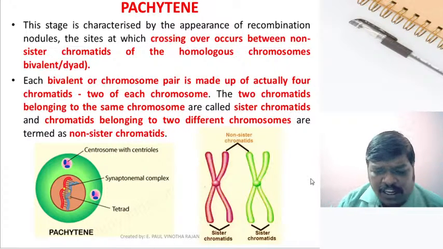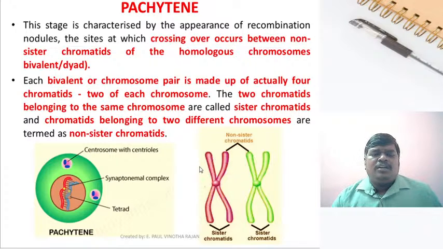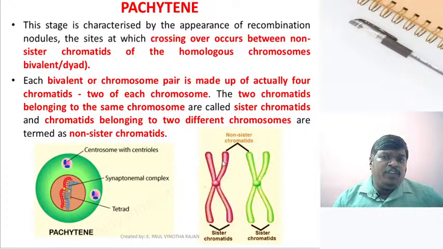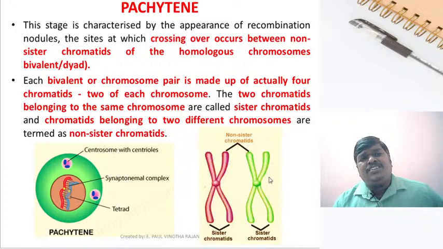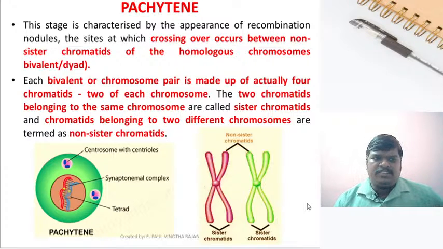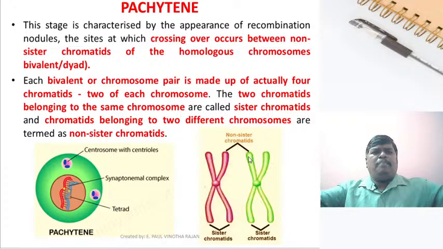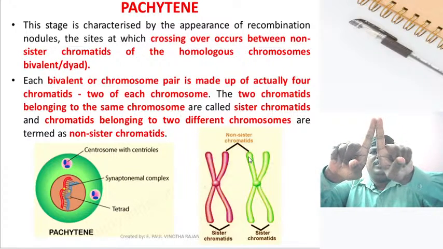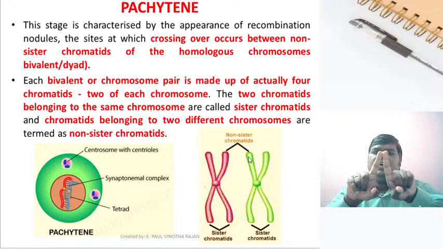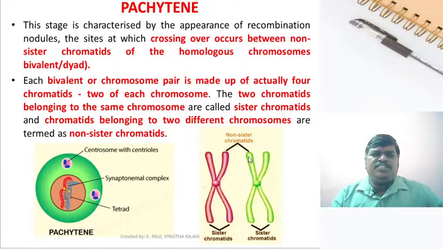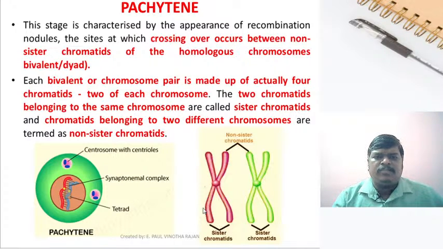Next is pachytene. What will happen? The crossing over between two non-sister chromatids will take place. How does the crossing over take place? The bivalent chromosomes come together nearby like this, and the exchange of segments takes place here. So these two are sister chromatids, and these two are non-sister chromatids.